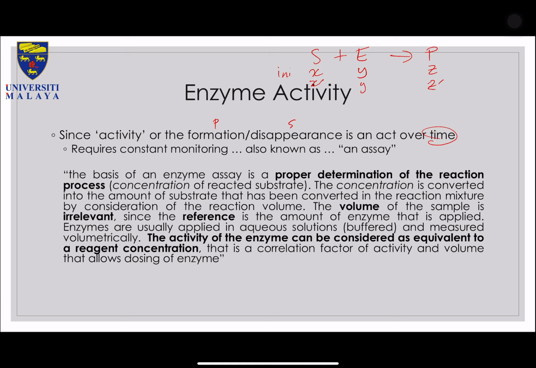You cannot simply look at that value and say, oh, the activity is 100. Because this one is a starting point, of course the concentration will be 0, the activity will be 0, and then suddenly you say it's 100.